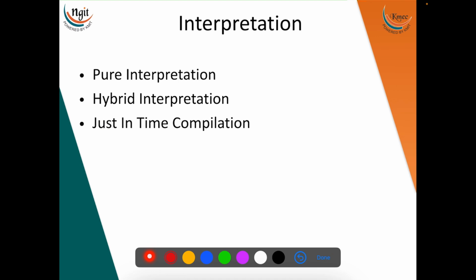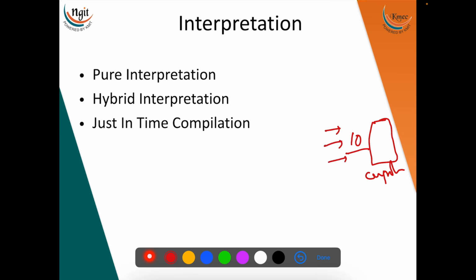Compiler will process the entire program. Interpretation will be done line by line. If I have 10 lines of code or 10 macro instructions in a program, all instructions will get converted at a time using the compilation process. Whereas in interpretation, we go through line by line.